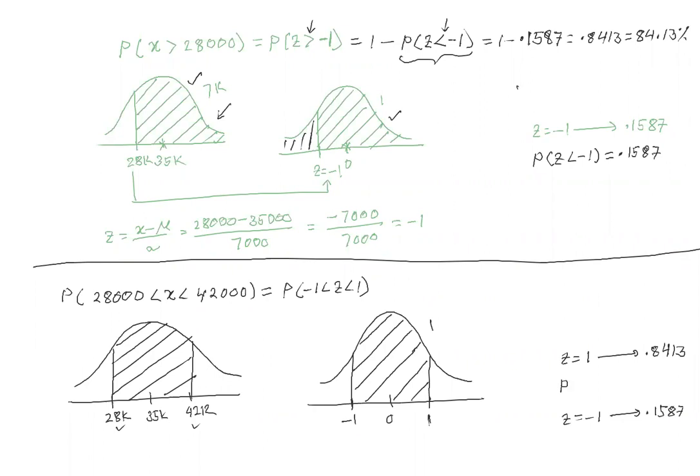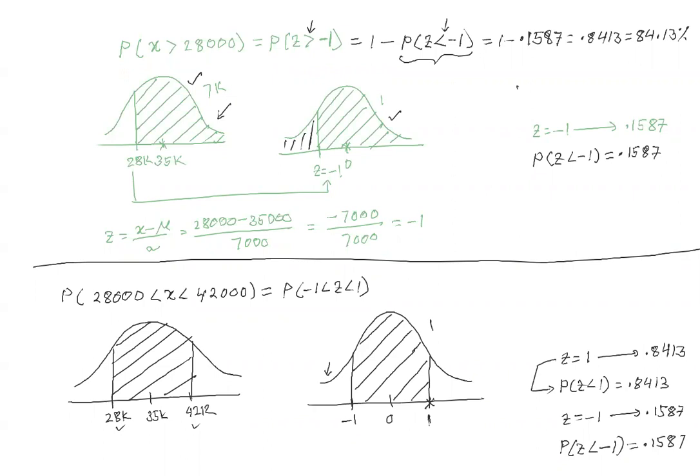So the probability of z less than 1 is 0.8413, and the probability of z less than -1 is 0.1587. Now let's come back to our graph. For z less than 1, it's going to be all the area to the left of this one, including this unshaded region.